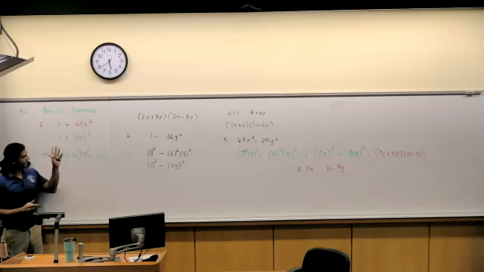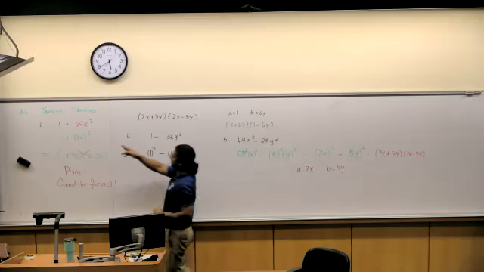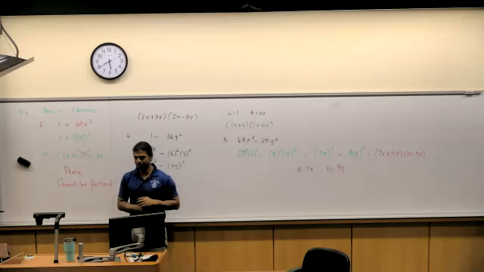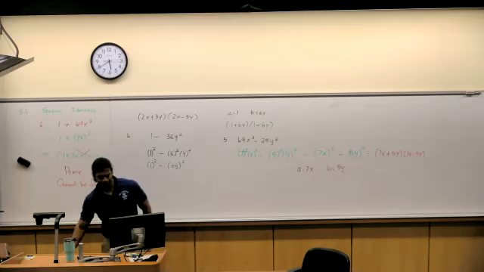So, not correct, because a plus b times a minus b applies only if you have a negative. If it is a squared plus b squared, the expression is prime. Good. So we'll just leave it as is.